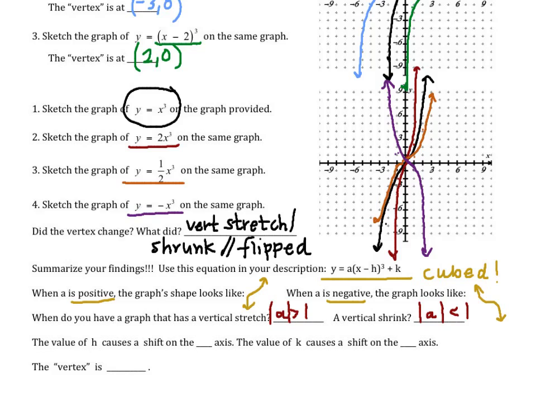A value of h causes a shift in the horizontal direction on the x-axis, and a value of k causes a vertical shift in the y direction, just like always. The vertex is (h, k), again, just like always. We always think backwards for the h and as is for the k.